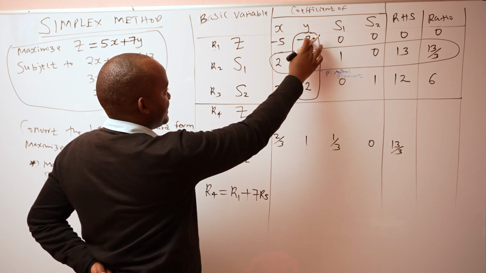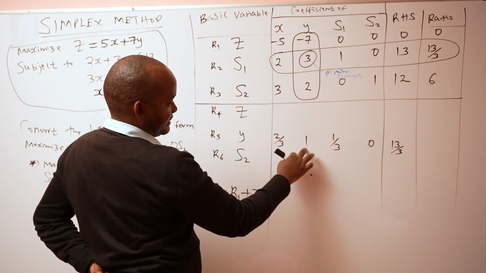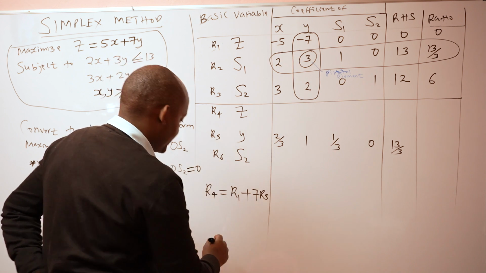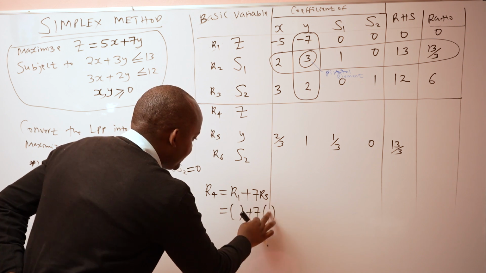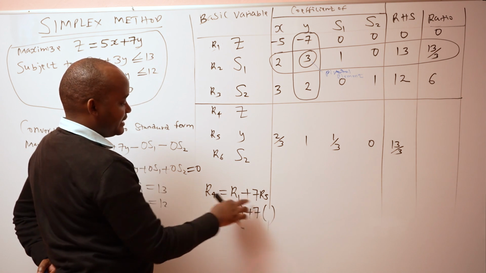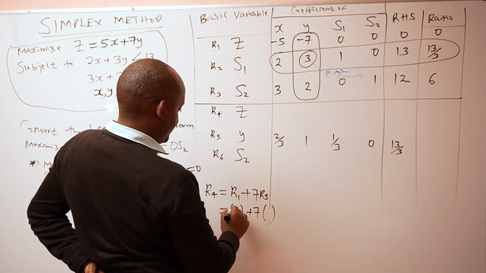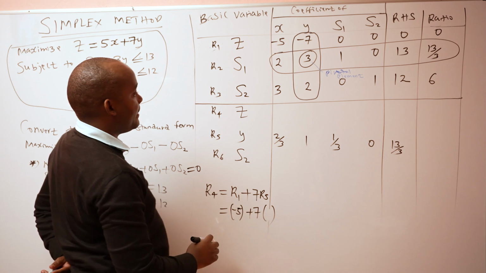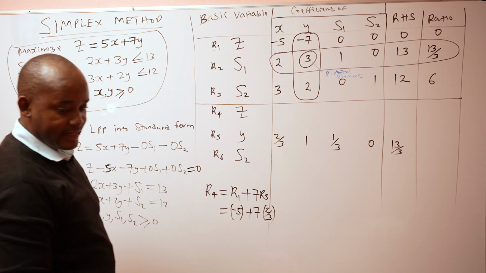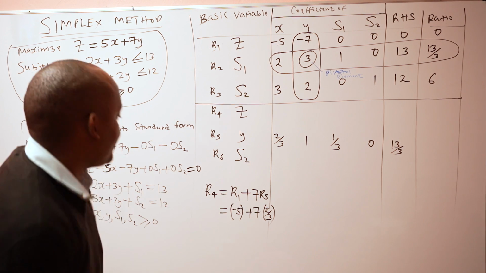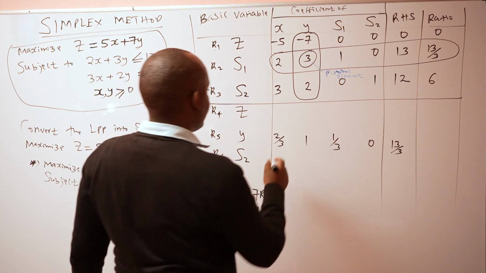In that case it will make this entry 0, because negative 7 plus 7 is equal to 0. So the implication here is that this is something plus 7 multiplied by something, where these are the values you fill in from row 1 and row 5. For example, we start with negative 5 from row 1, and the next one is 2 over 3. So negative 5 and 2 over 3 is going to give us negative a third.